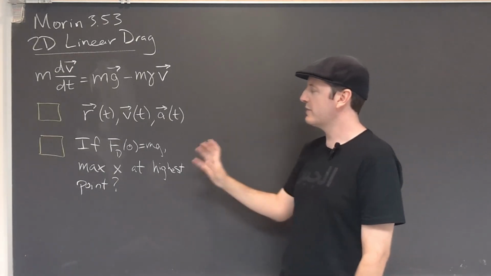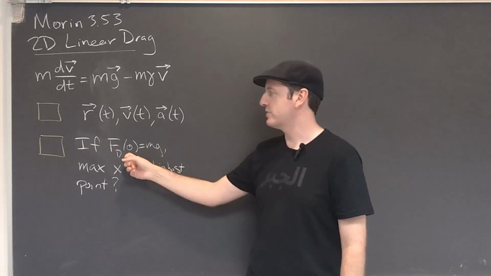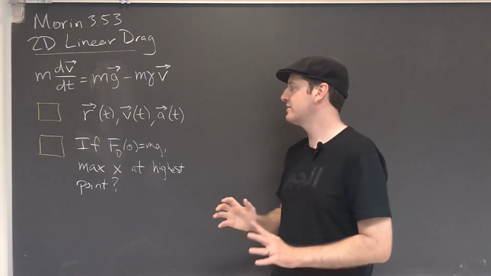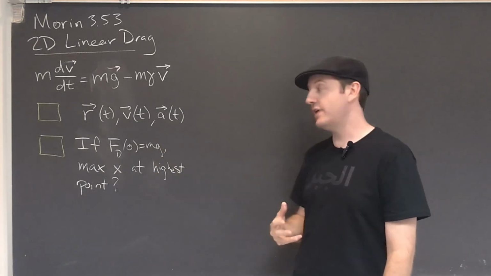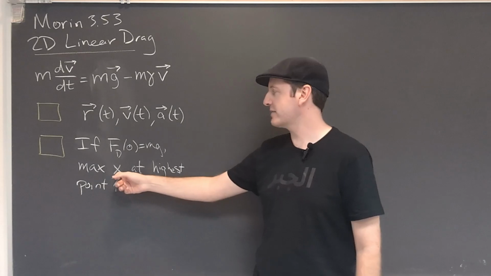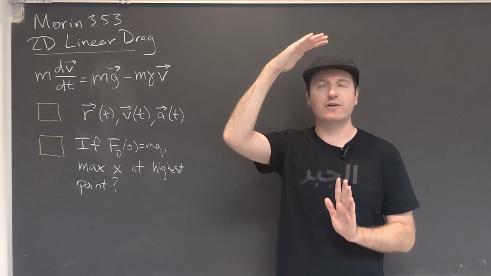Then we'll look at sort of a special case where if the initial drag force, so this is the drag force magnitude at time zero, happens to be exactly equal to its weight, then what is the angle that would maximize my horizontal position for the apex of the trajectory?